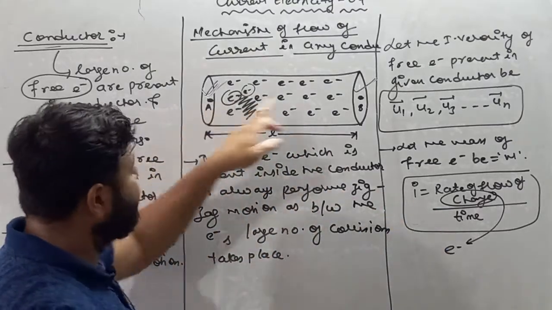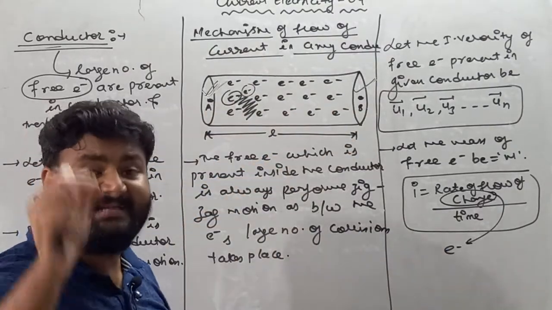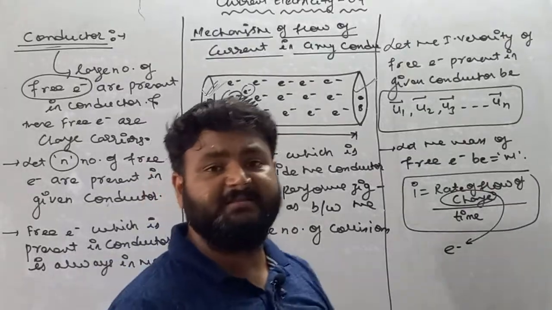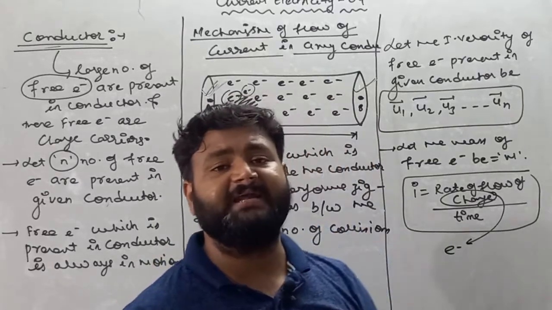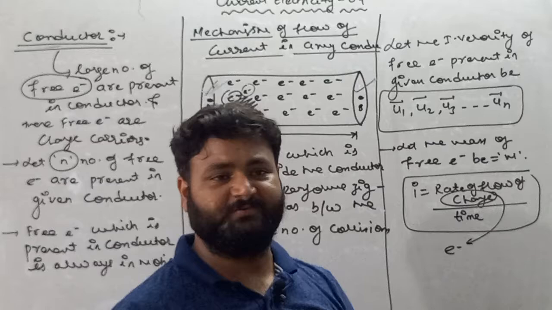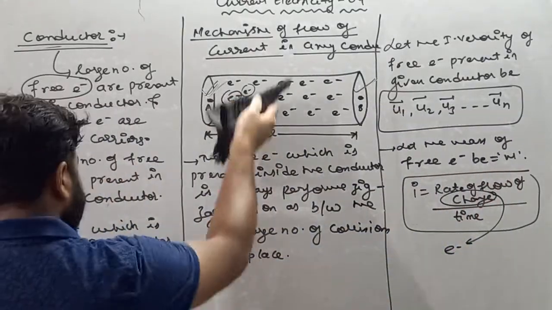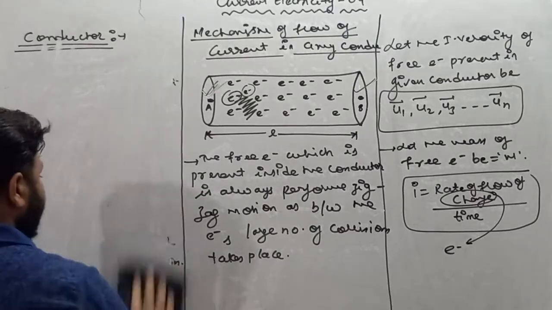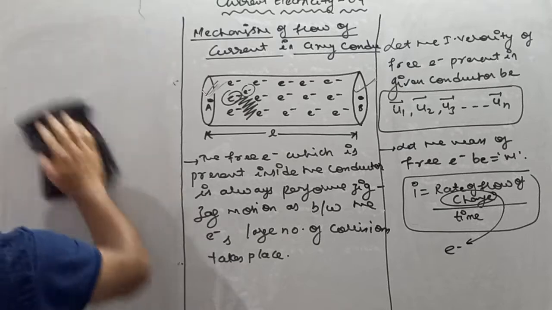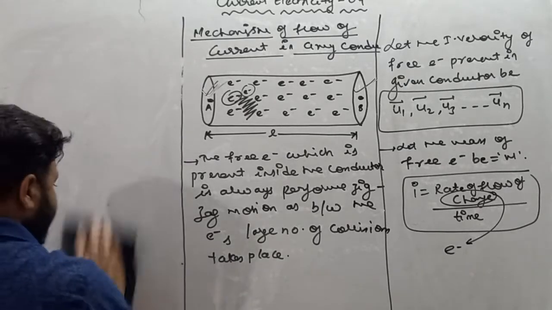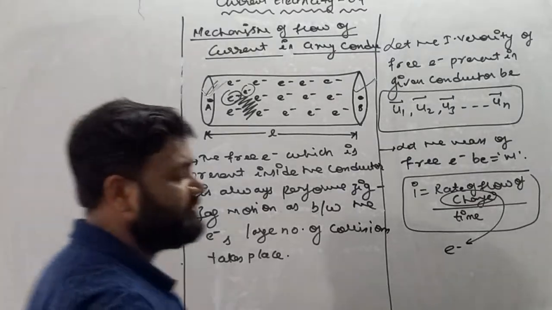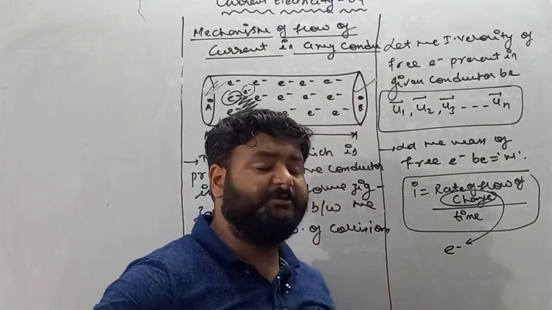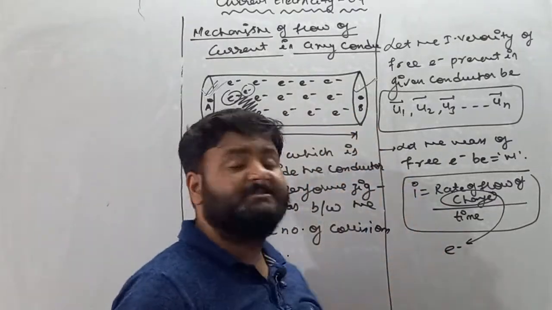Hence, no electron can reach from point A to point B. Until and unless an electron can reach from one cross section to another cross section, it cannot define any amount of current, my dear students. So we'll say in this conductor, free electrons are moving, but still current is not achieved because no free electron can reach from one cross section to another. That's why, due to this motion, current is not being defined.